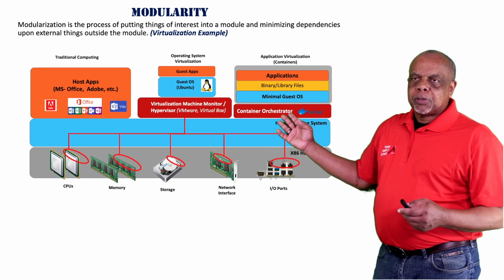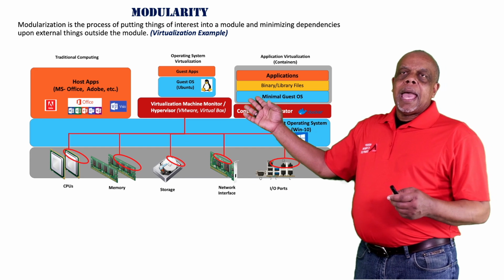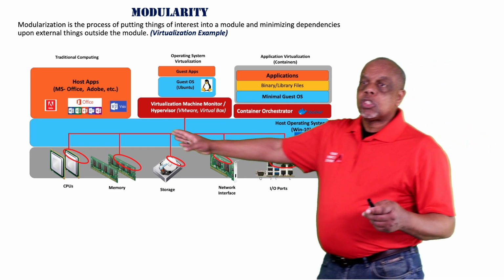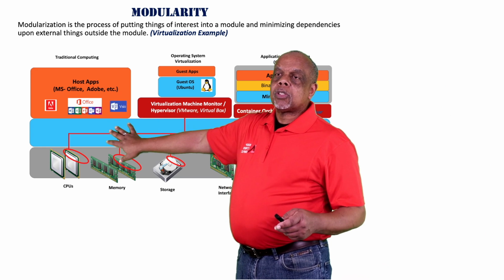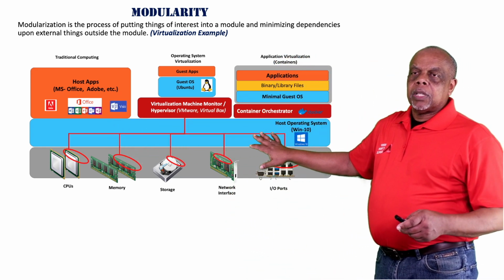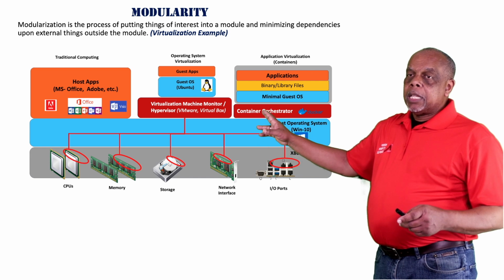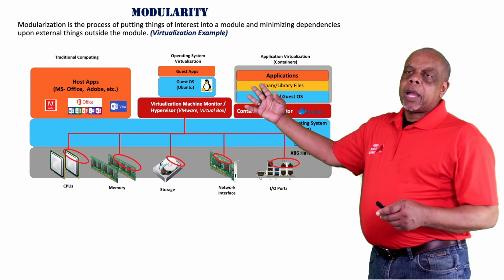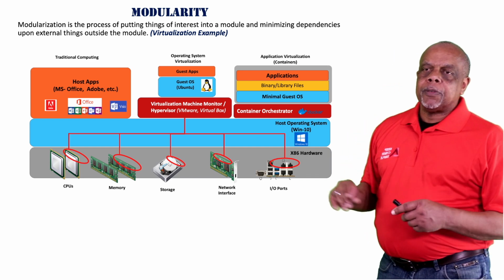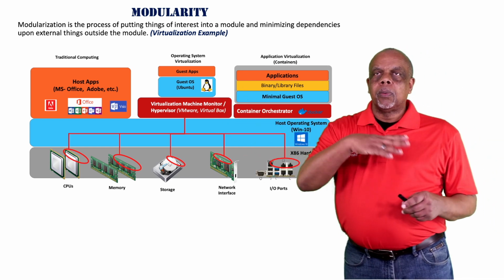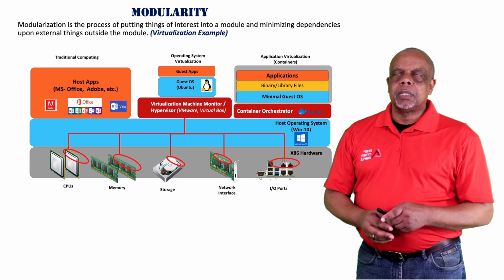I can do another abstraction and have applications that are not installed, but they will run. See, in the traditional model, these applications are installed right in the operating system. These applications are not installed on the machine, but they will run. They have enough processing power and everything they need from this machine where I can launch this application. But if this application goes bad, I don't have to uninstall it. I just delete it, throw it away, grab another container, boom, keep running.